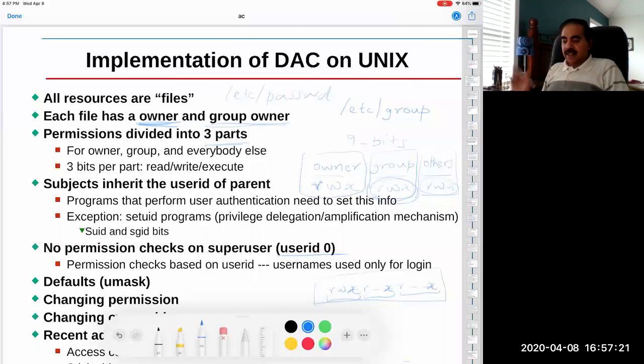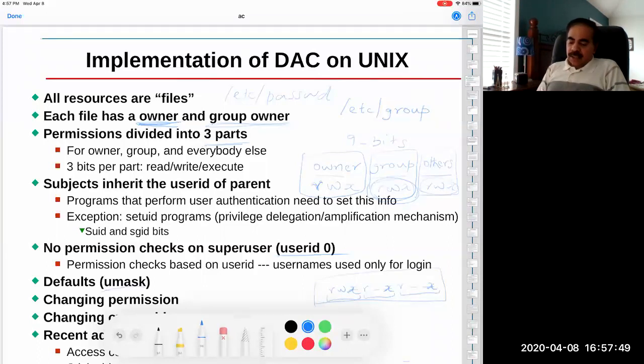The way to think about it is that if the user ID is root, then no checks are performed. But if the user ID is not root, then the process that I outlined before proceeds, comparing the owner of the subject and the object, and then using the owner bits, group bits, or other bits depending on the match.